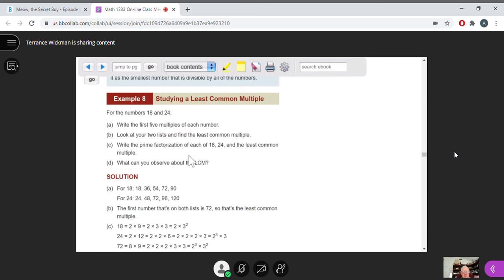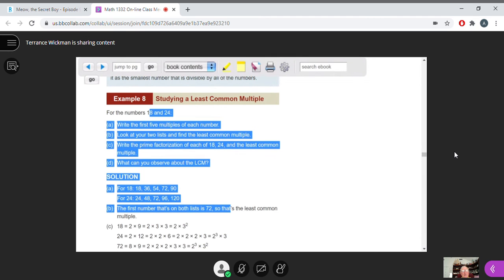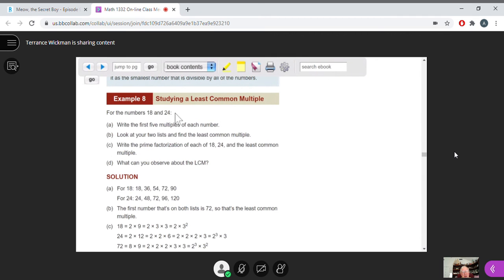So for 18, 36, then 72, the first number that is on both lists is 72. Again, what you're looking for is a number that both 18 and 24 can go into evenly. In this particular case, it cannot be less than 24. 18 won't go into 24. So take the next multiple of 24, which is 48.